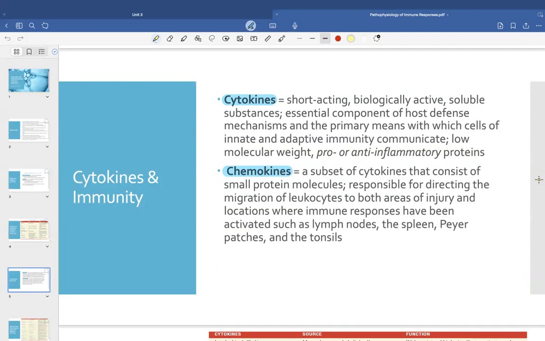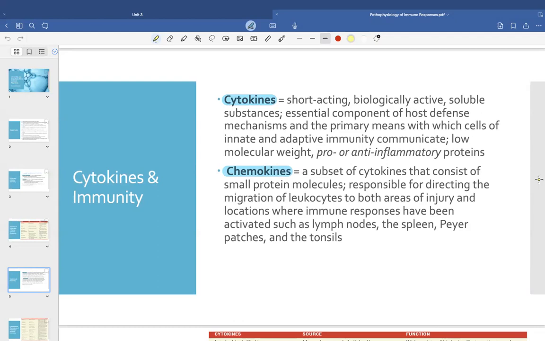So the cytokines are substances that are soluble that will actually kill cells, they can destroy cells, and they can communicate with other cells. They tend to be very low molecular weight, and they can be both pro-inflammatory and anti-inflammatory.